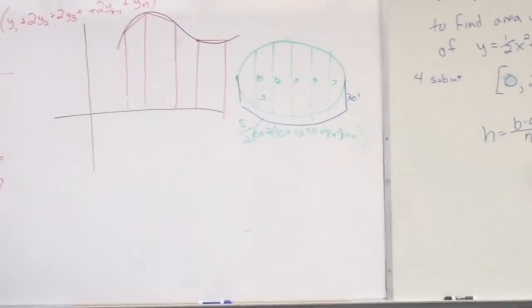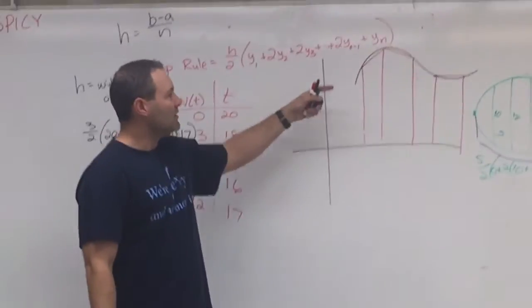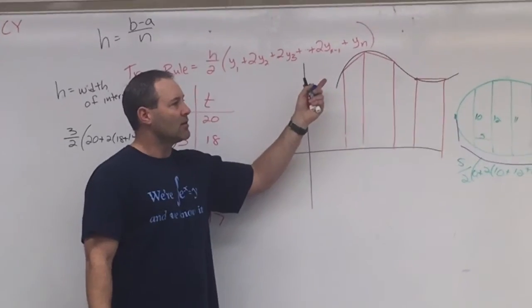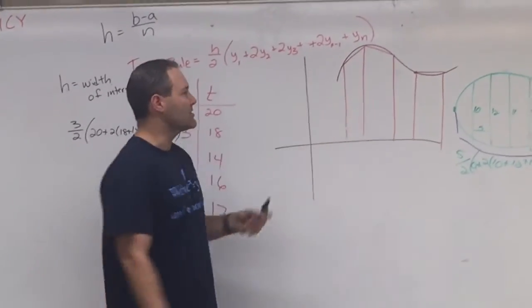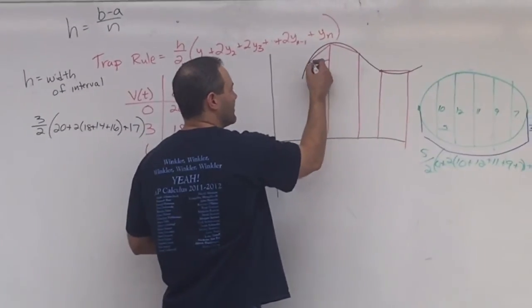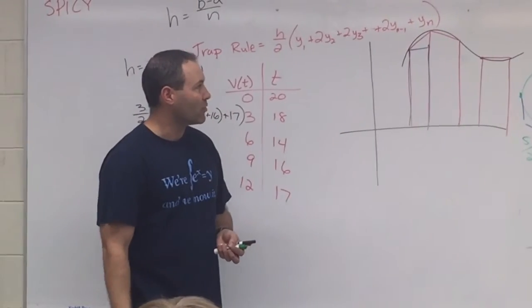That's in your assignment. Alright, so do we think trapezoidal rule is more accurate or not as accurate as the others? More accurate. Okay, you see that this is clearly more accurate than the left ram or right ram.